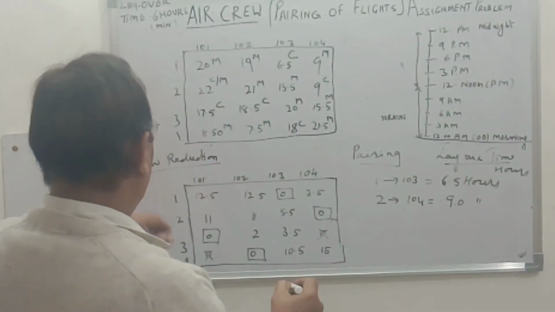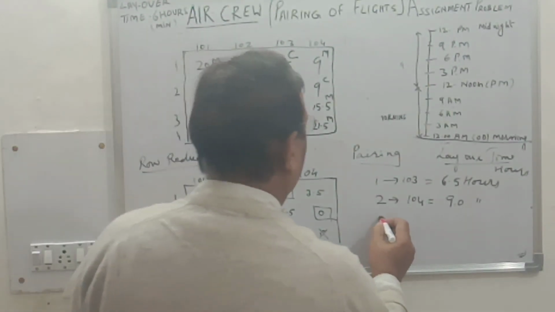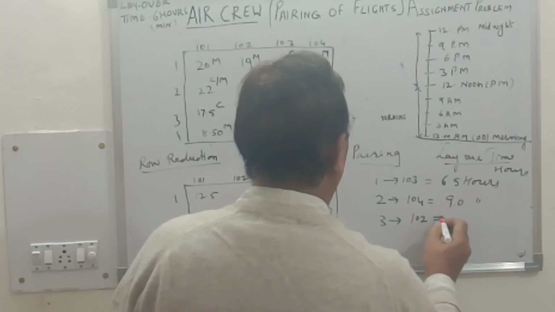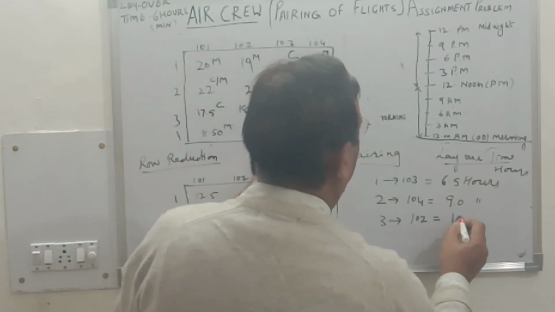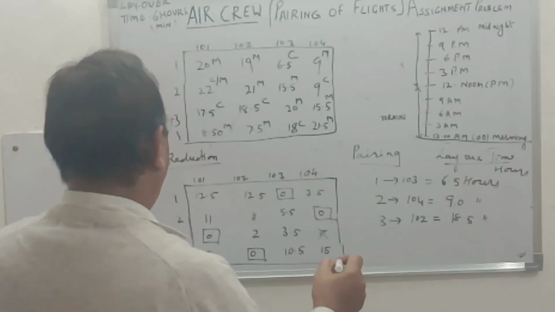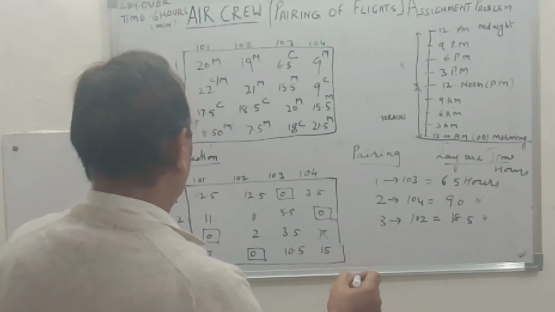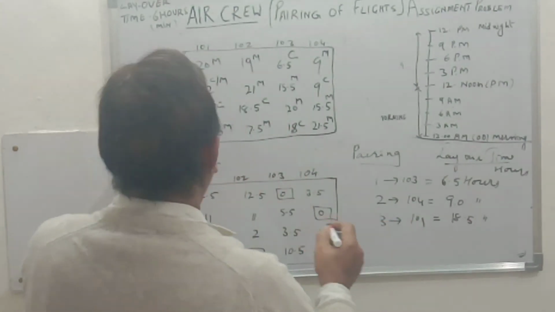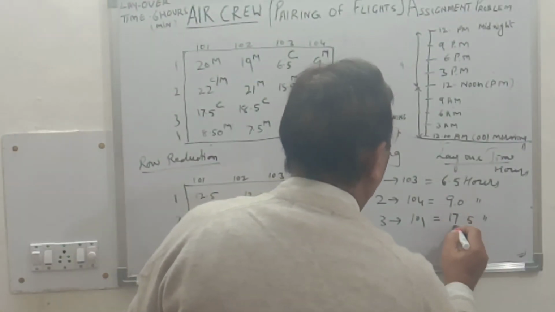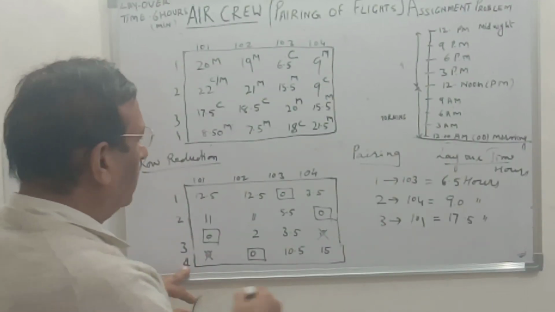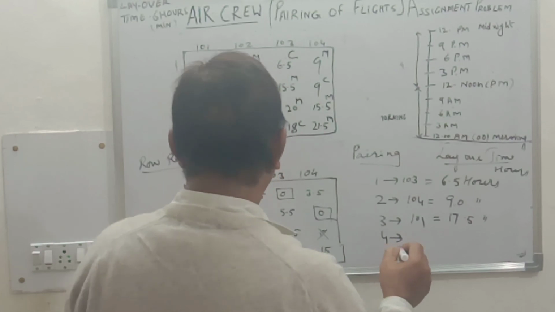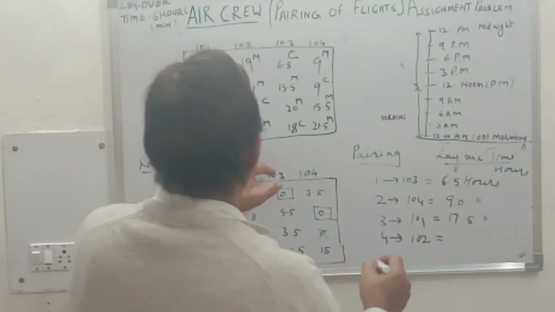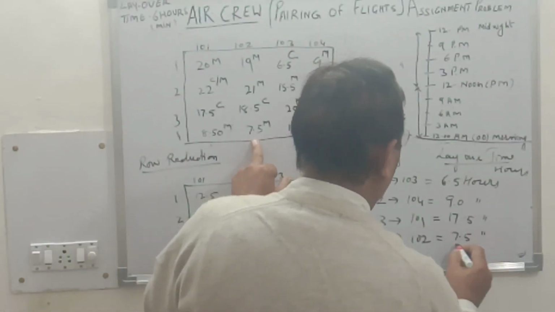Third flight, they should go by third flight and come back by flight number 101, sorry, 3 to 101, and the minimum layover time will be 17.5 hours. Then the fourth flight, if they go by flight number 4, they should come back by 102, and their layover time will be 7.5 hours.